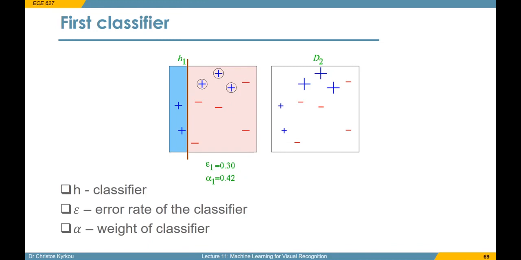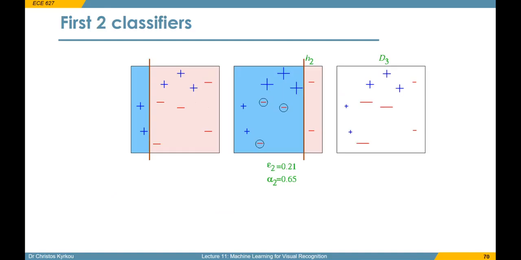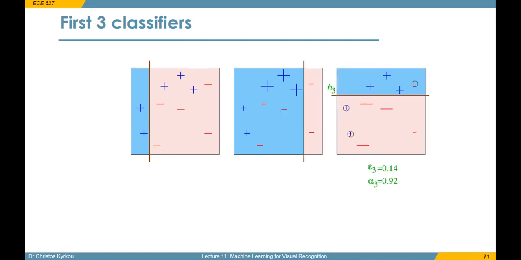Then we reweigh the data points again. You can see here the misclassifications from before have a much higher weight. We compute again the weighted error and a new weight for the classifier. We do the same thing for the third classifier.